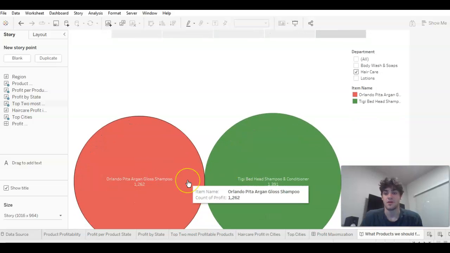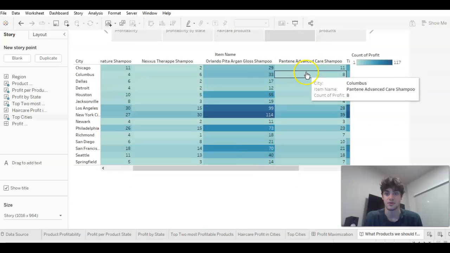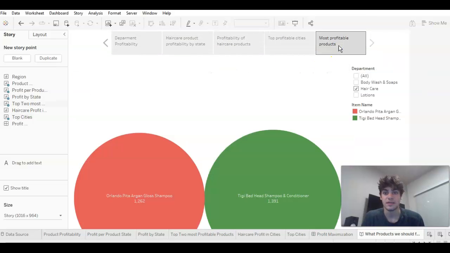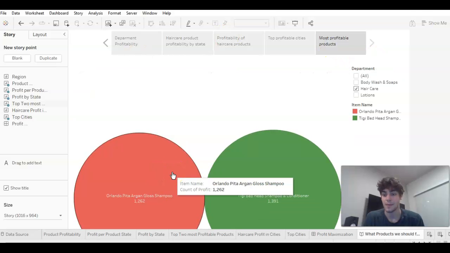These two products are by far the most profitable products, and they're selling the best in these cities. So if more people in these cities can see these products, I believe that there's going to be more sales, and more sales is going to be more profitability. So that is what I want to go ahead and recommend to this company.